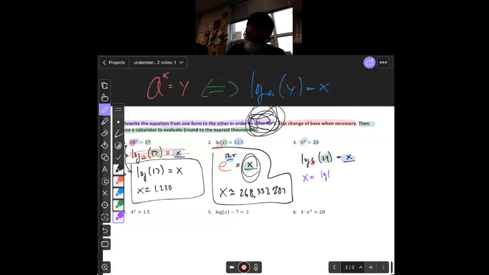So I'm going to have log of over log of. The base always goes to the bottom, so log of 6 on the bottom, 24 on the top. So we do some change of base. Log of 24 divided by log of 6.